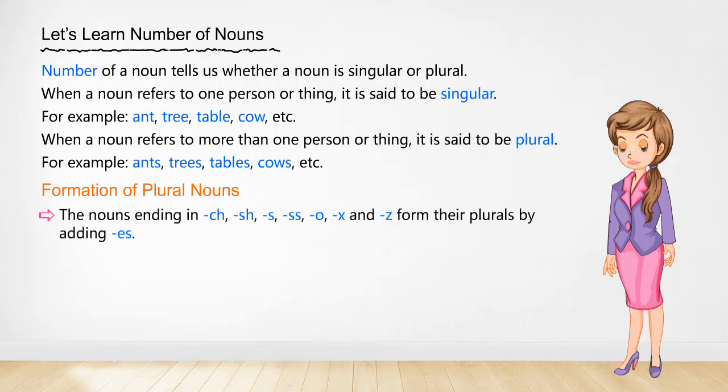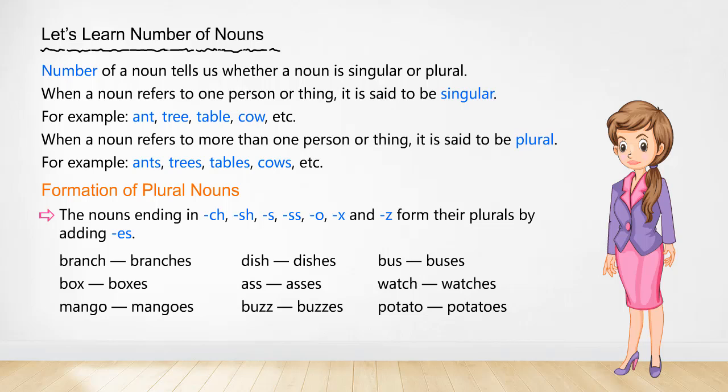The nouns ending in ch, sh, s, double s, o, x, and z form their plurals by adding es. Branch, branches; box, boxes; mango, mangoes; dish, dishes; ass, asses; buzz, buzzes; bus, buses; watch, watches; potato, potatoes.